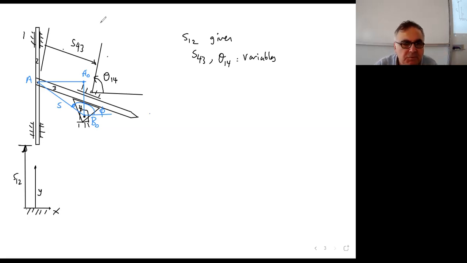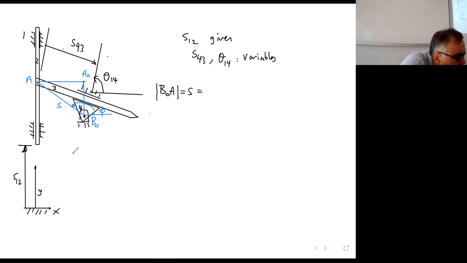So, first of all, this S distance is important, kind of. So this B0A, sorry, which I will call S, is... we have to give certain names to certain variables. By the way, let's do that also.